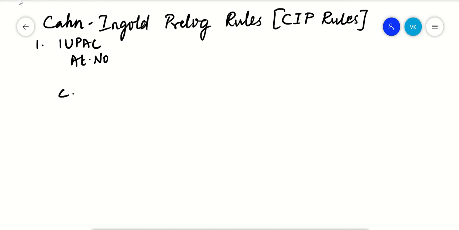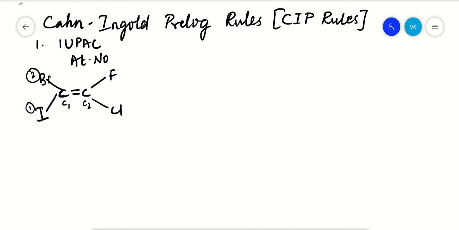Let us take C double bond C with chlorine, bromine, and then iodine. Now this is your carbon 1 and this is your carbon 2. Atoms attached to carbon 1, we need to assign priority by highest atomic number. Iodine has the highest atomic number, so let us assign this as 1 and bromine as 2.